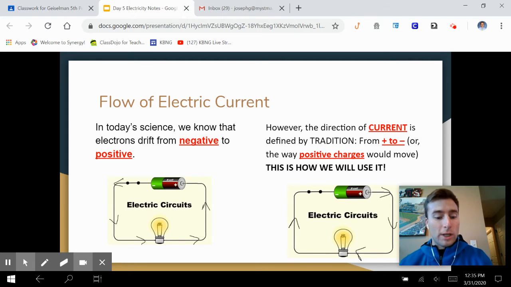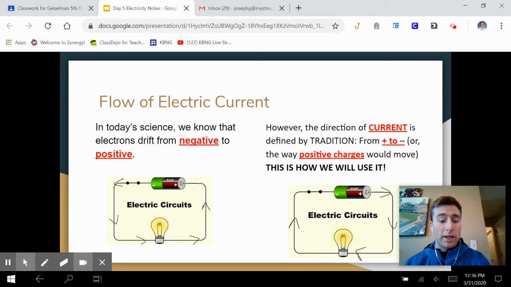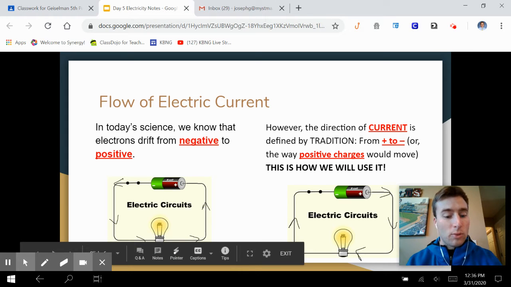When we look at the flow of electrons, there's two different ways of looking at it: traditional and conventional. They came up with traditional before they knew what the electron was, where it goes from positive to negative. So this one here on the right. In traditional circuits, we would have the electrons flowing from positive to negative, but we know that's not true anymore. We know that electrons are negative, so they're going to flow from the negative side of the battery around the circuit.